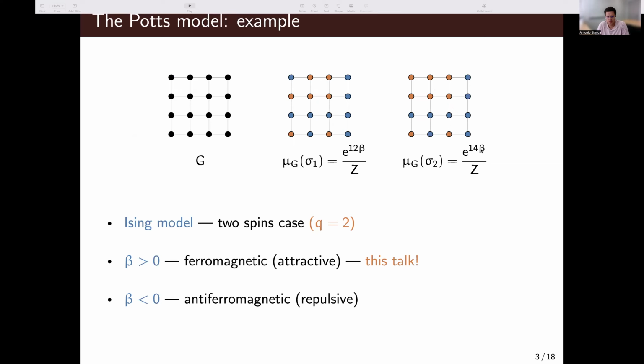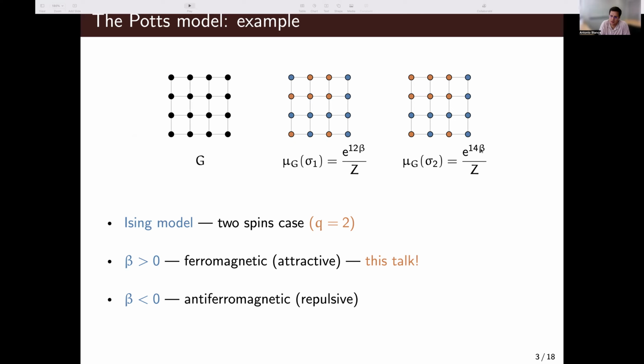Okay? So some important distinctions or special cases in this model: one of them is when we only have 2 colors, the Q equals 2 case, and this is known as the Ising model, which is one of the most famous probabilistic models in physics and also in machine learning and other areas. Now, the model behaves quite differently depending on whether beta is positive or negative.